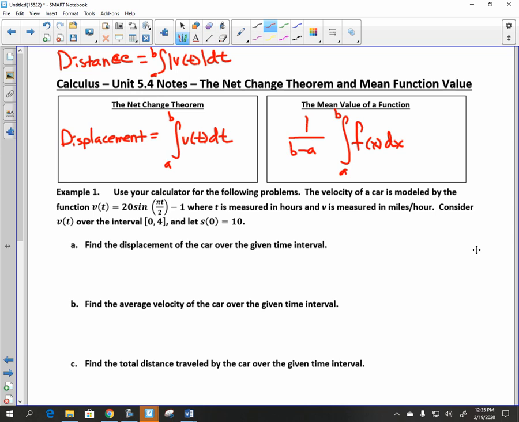The velocity of a car is modeled by this function, where t is measured in hours and v is measured in miles per hour. Consider v of t over the interval 0 to 4 and let s of 0 equal 10. Interval 0 to 4. Can anybody give me an idea of what they think 0 to 4 means?